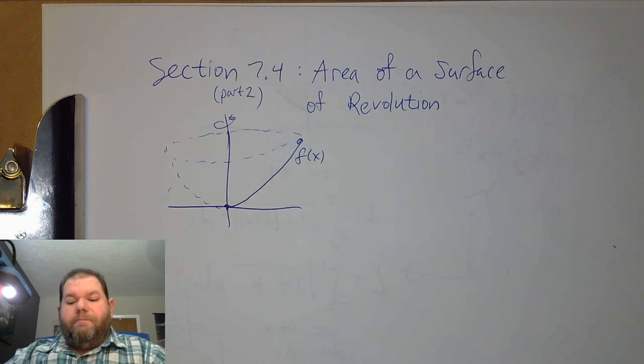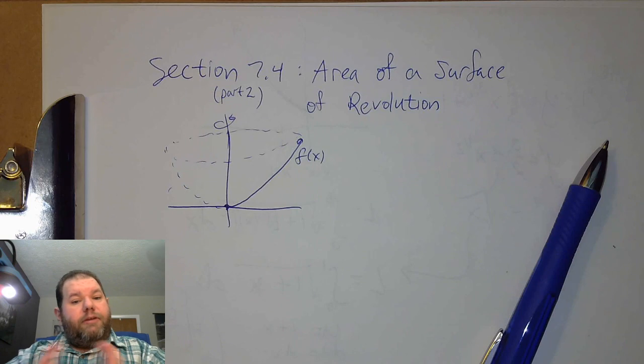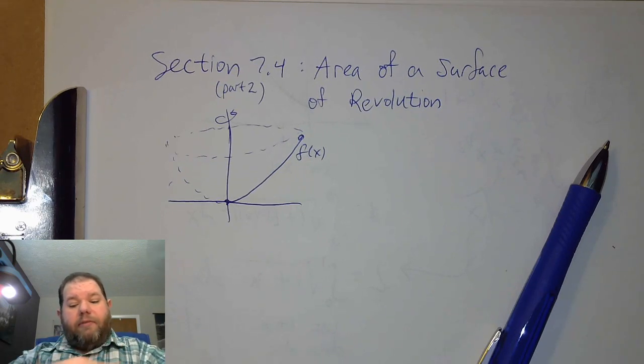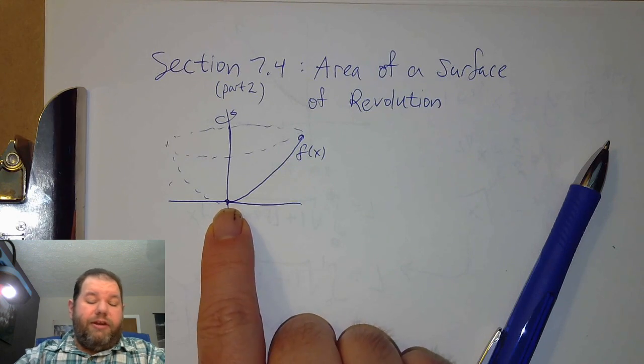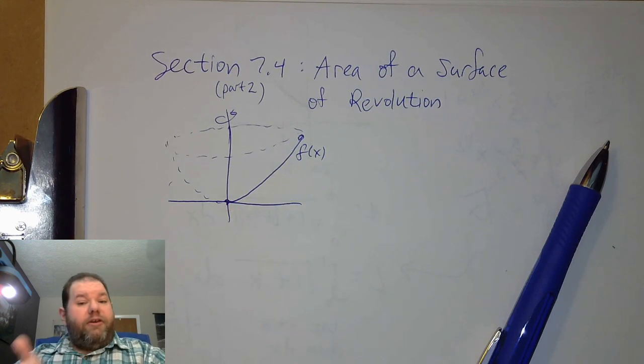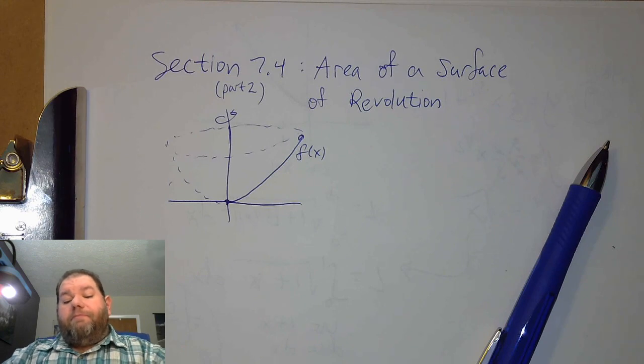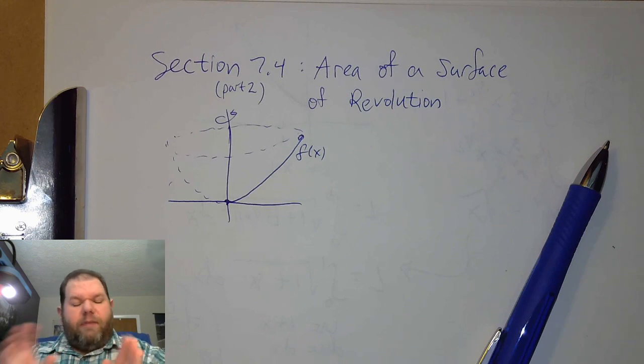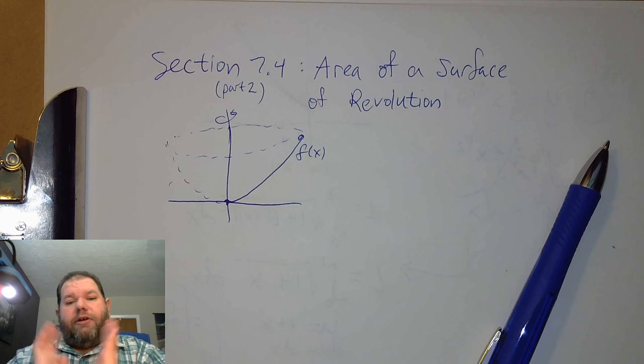So with this bowl-shaped object, we want the area of the outside. We don't want the top, we don't want the bottom. Now the bottom is just a single point anyway. So not a great bowl because it doesn't have a lot of stability. But that's kind of the general shape that we're working with. But we just want the area of that outside portion of the bowl, not the top or bottom.